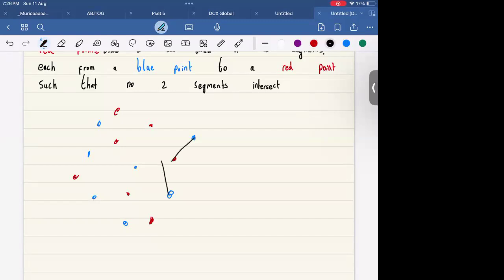Let's say this is it. Okay, so this is intersecting, so you can swap these. Yeah, so that's it. We got a matching through our process. But now the thing is, what if we keep on doing this again and again? That's a problem.